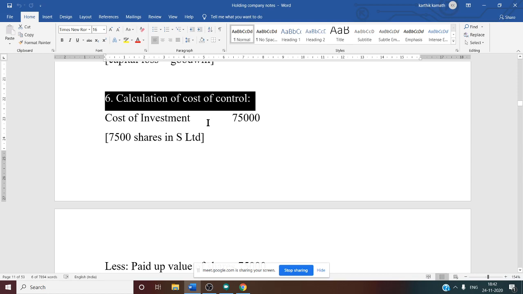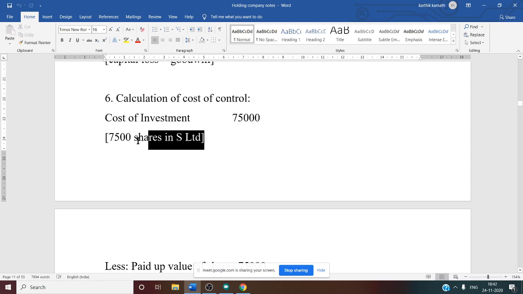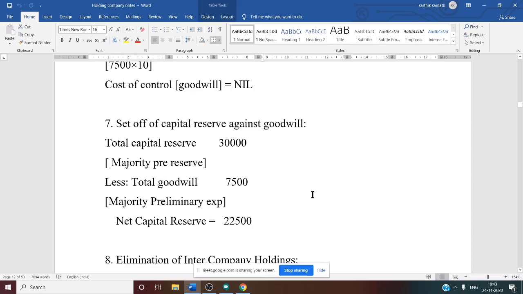First, we have to write the investment. It is given in the balance sheet asset side: 7,500 shares in S Limited, that is 75,000. We will check that once again. So investment is 75,000.